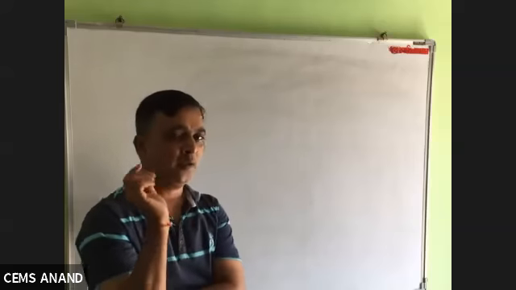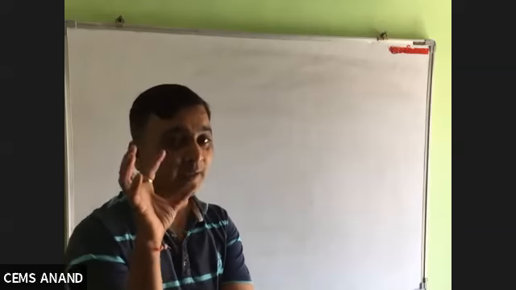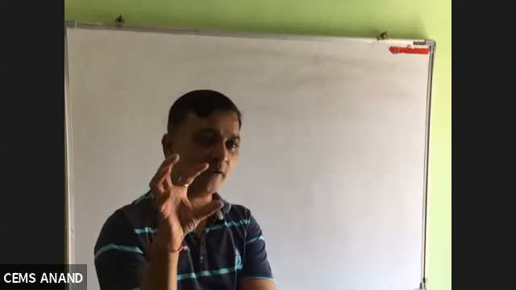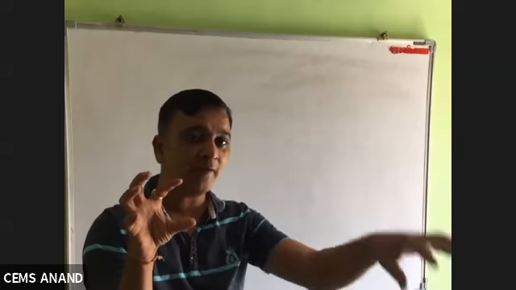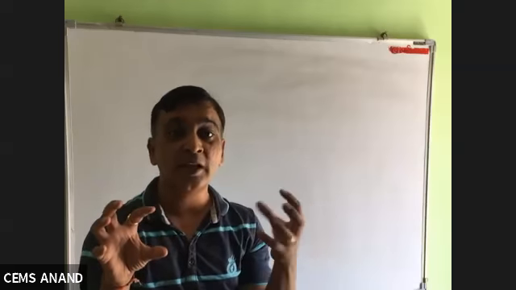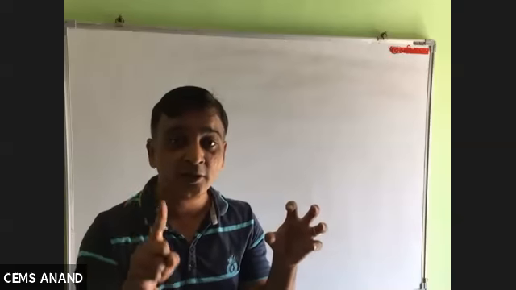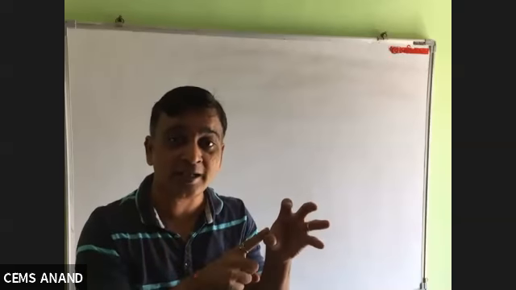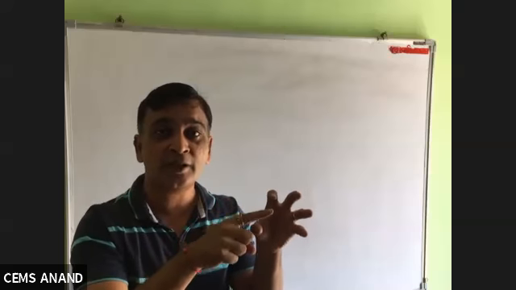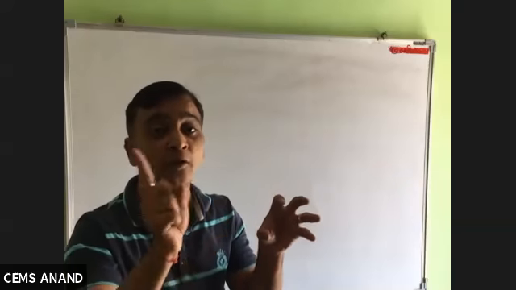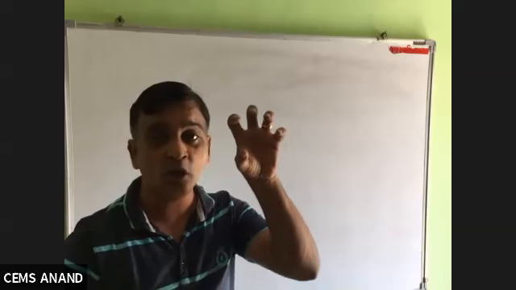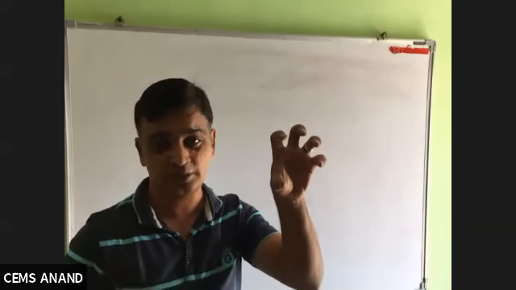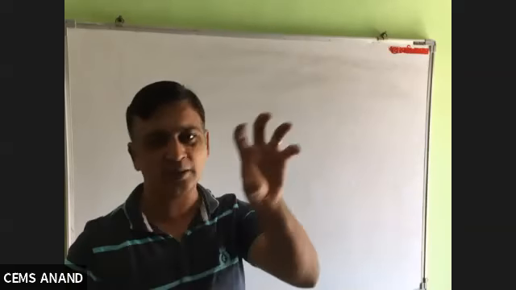Let's say I have a sphere having 1 coulomb charge, and I have another sphere without charge. Without charge means the positive and negative charges are equal in proportion. It does not possess any positive or negative charge.